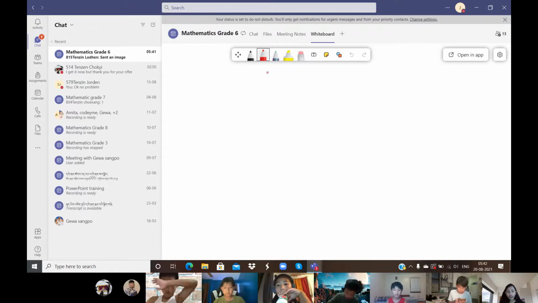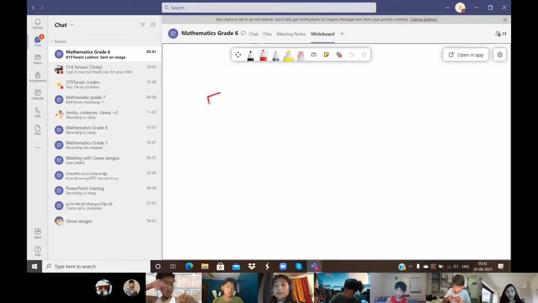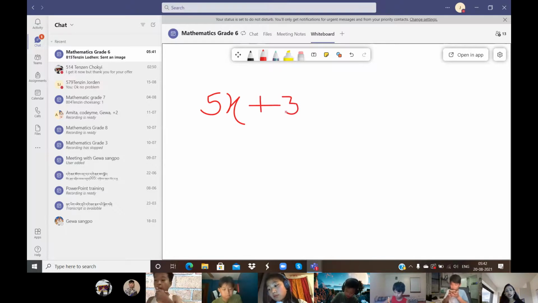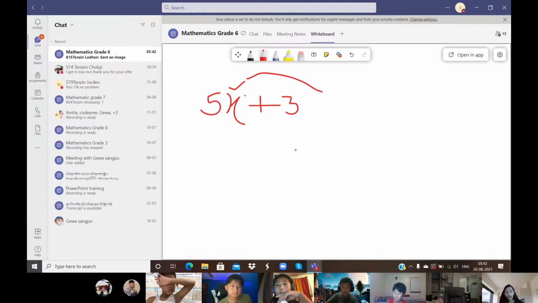If an expression is written like 5x plus 3, then you can call it a linear expression because it has only one variable and its highest power is 1. So 5x plus 3, 8x are linear.